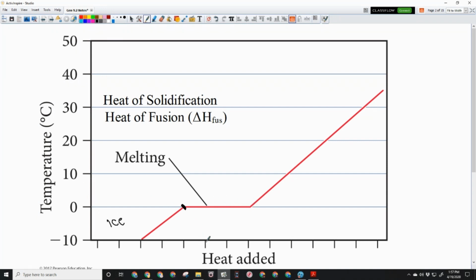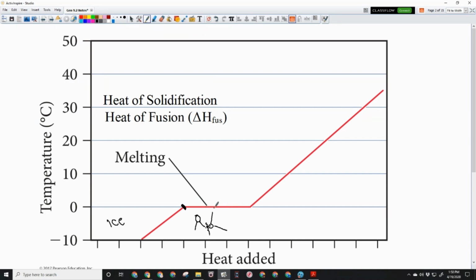That's because all of this heat energy that you're adding is going to break the bonds from this water molecule to this water molecule. There's a little bond right here. This energy is going into breaking that bond to separate these two molecules a little bit so they change into the liquid form.